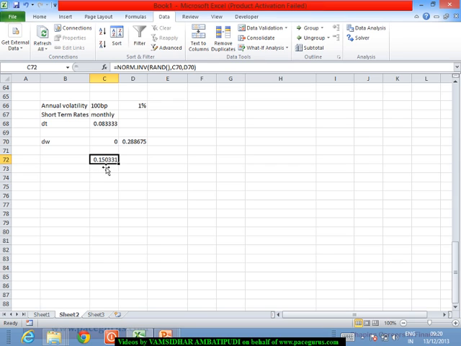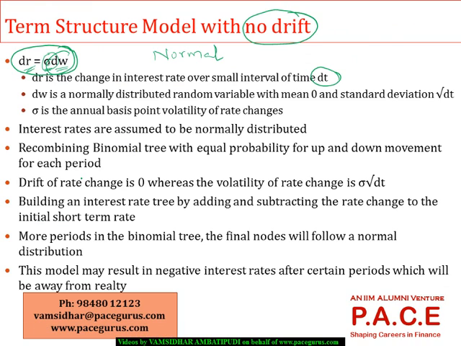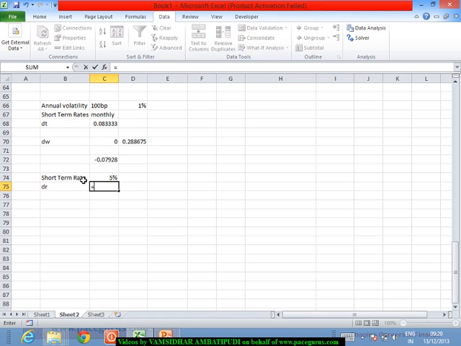So if I assume this is the value, how do I come up with my interest rate? Let's say currently the short-term rate is around 5%. How do I use this information now? I take dr, which is nothing but the annual volatility times dW.